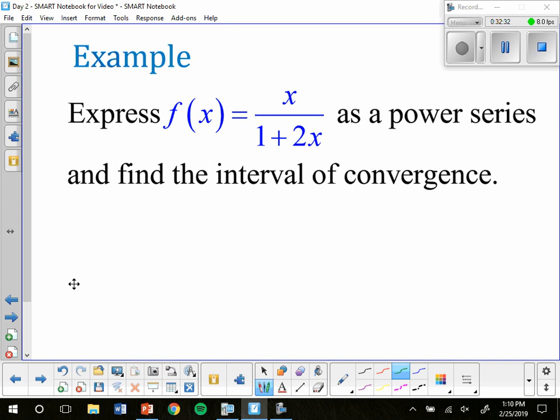Okay, so x over 1 plus 2x as a power series, and finding the interval of convergence. What makes us think we can write this as a power series? It looks like a over 1 minus r, sort of.